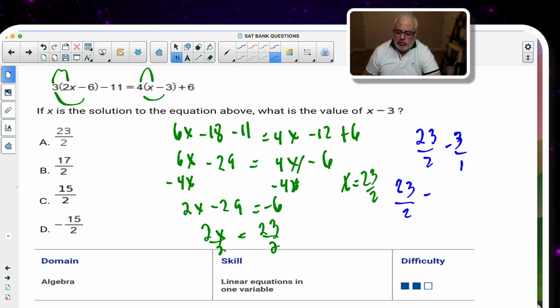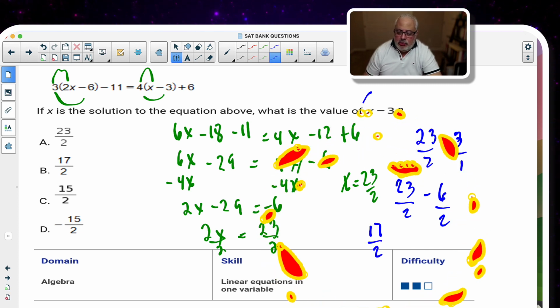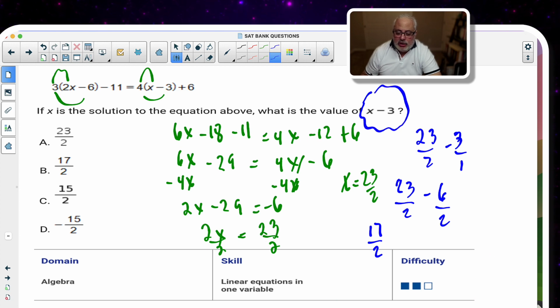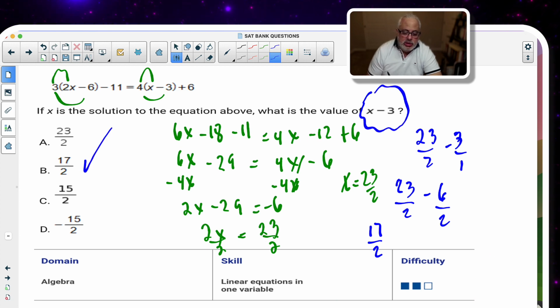Very simple. We multiply this by 2, the top number. This is 6 over 2. 23 minus 6 is just 17. And the answer is 17 over 2. So x minus 3 is 17 over 2, which is B.